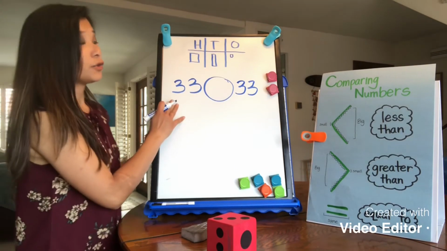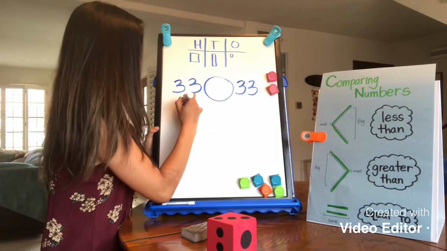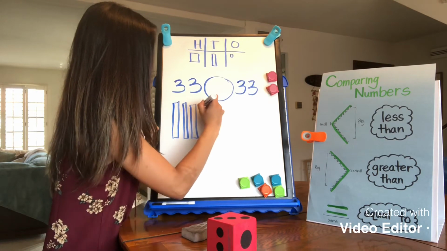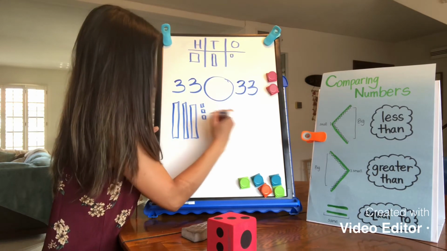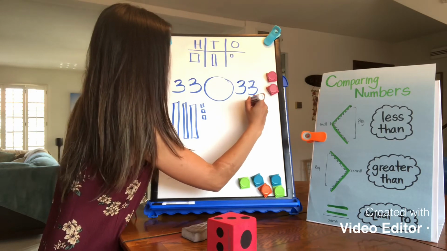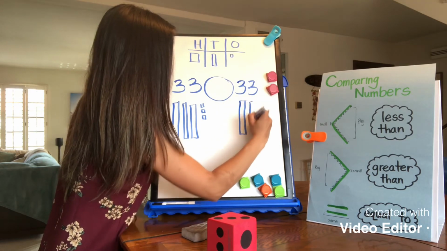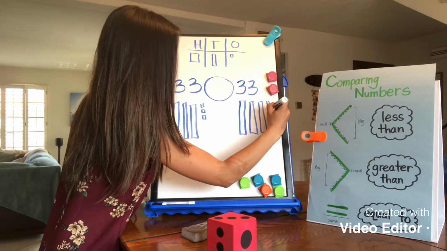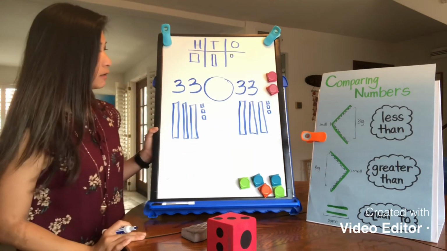I can use base 10 blocks to draw out my numbers: 10, 20, 30, 1, 2, 3. And then I can use base 10 blocks to draw out this number: 10, 20, 30, 31, 32, 33.